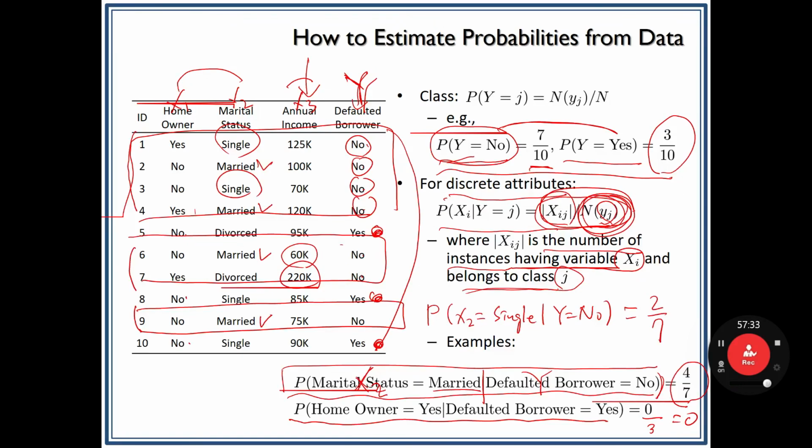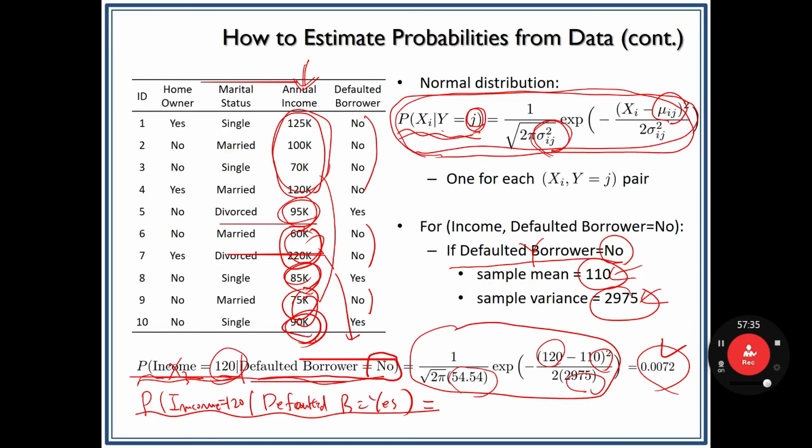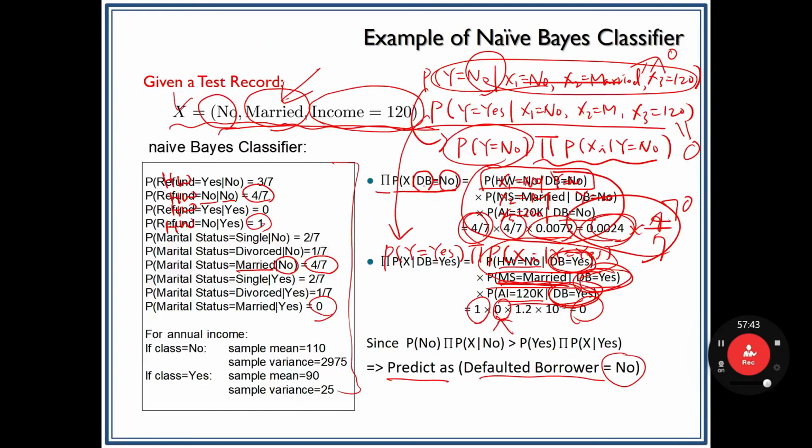Okay, so once we have a training set just like this, the training procedure of naive Bayes classifier is to estimate all those possible conditional probabilities.